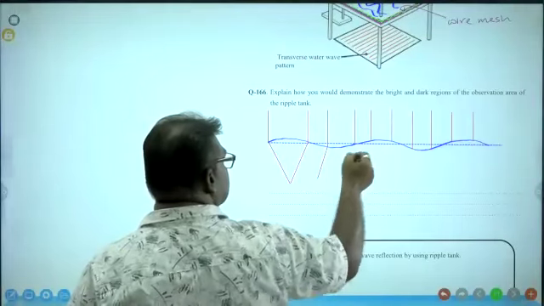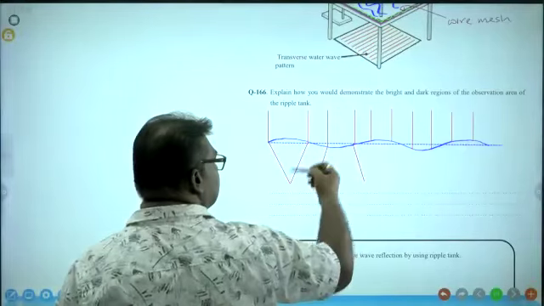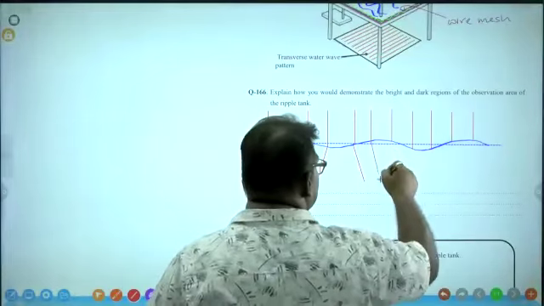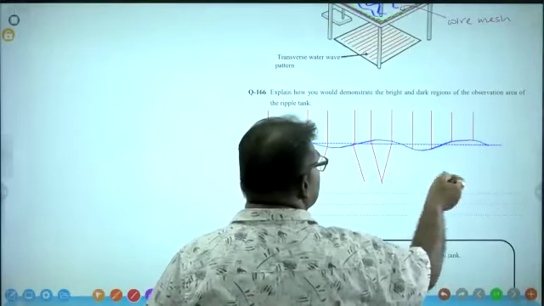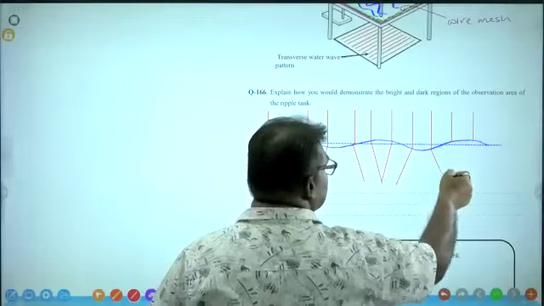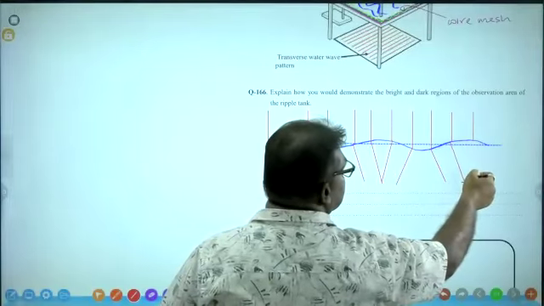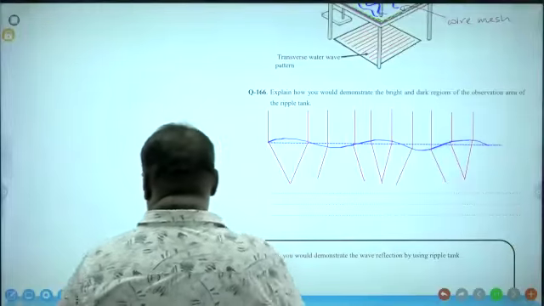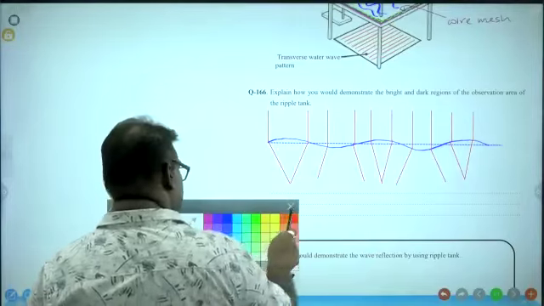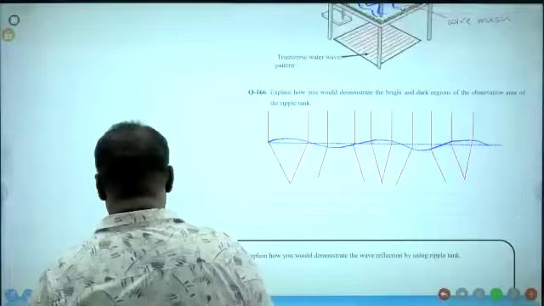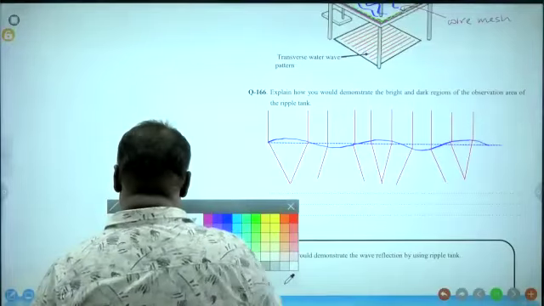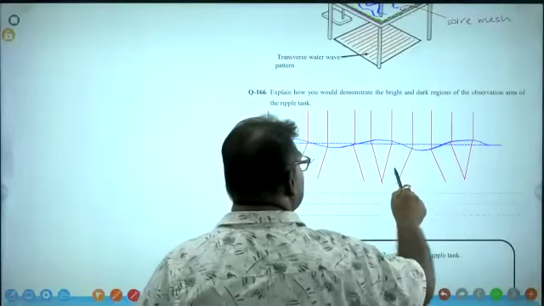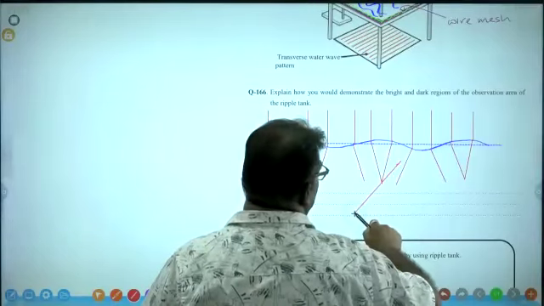Here these are diverging, as the concave shape of the water surface. Here converging. Here diverging. Here converging, as the crest. Then you can say this region makes this kind of bright region right here.